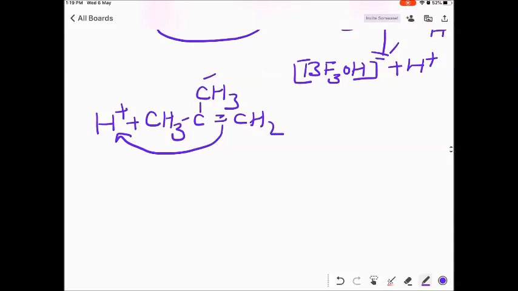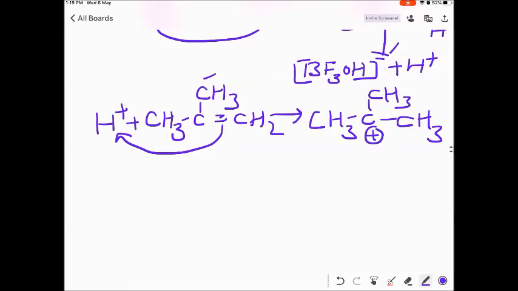The proton will add to this carbon-carbon double bond in Markovnikov way, so that we get a stable carbocation. Now look at this CH3, and we have got a positive charge at this position. Now this tertiary butyl cation can act in the chain propagation step.